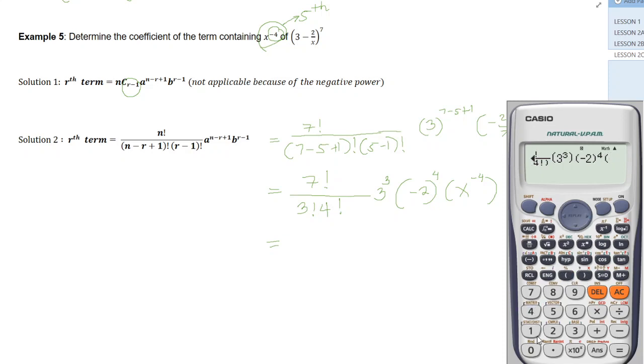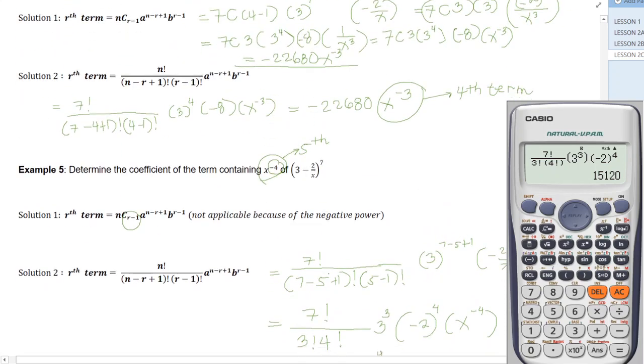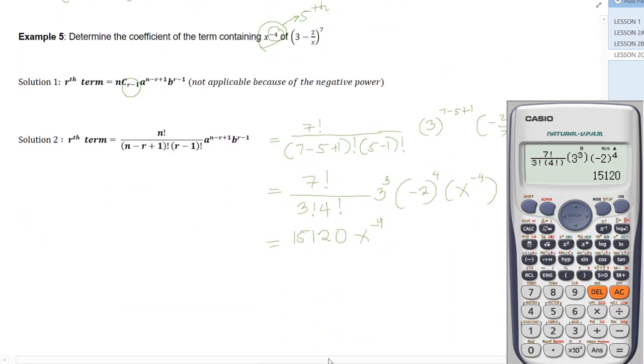That is just like that. That is 15120, that is x raised to negative 4. And your coefficient for the term containing x raised to negative 4, which is the fifth term, is 15120. So that is just your binomial expansion.